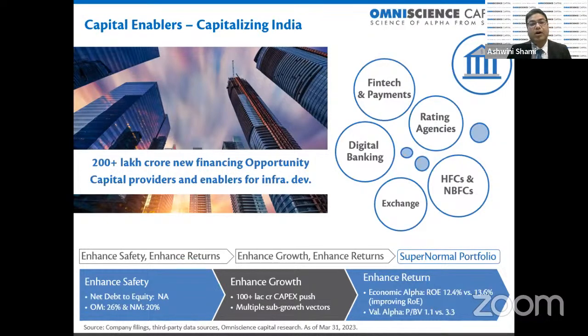They will all benefit from this huge 200 lakh crore kind of fresh capital creation that is going to happen. So it's again strong growth, strong fundamentals. Debt is not an issue here right now. The books are clean. The ROEs are improving because our bad loans and everything are now getting cleaned up. So it's very good.